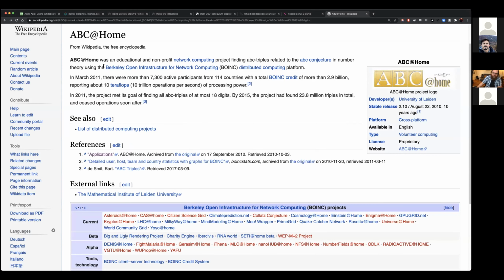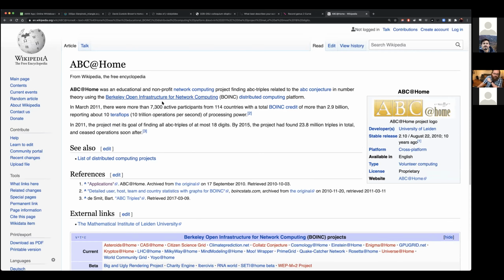ABC refers to the ABC conjecture, and they extensively found all interesting ABC triples, so solutions to the equation A plus B equals C, of at most 18 digits, where interesting means basically close to a counterexample.